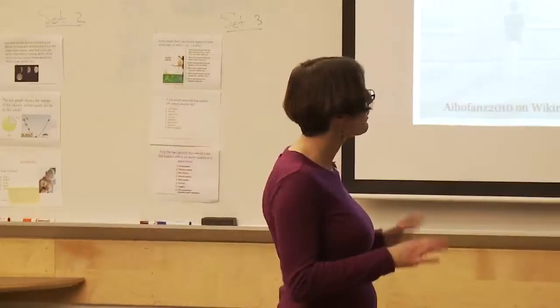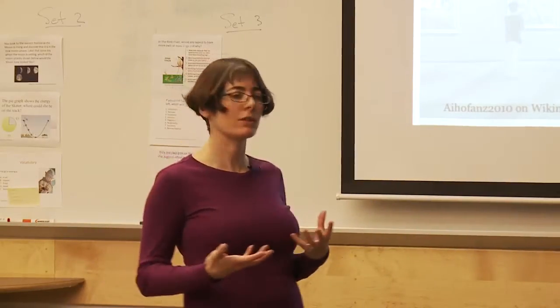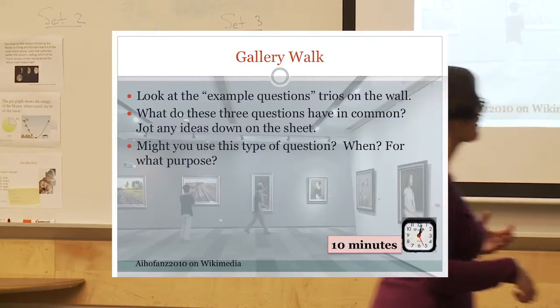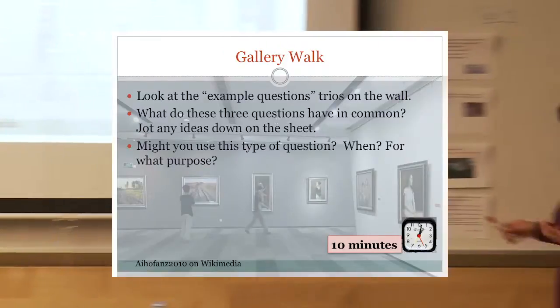I have a bunch of example question trios up here on the wall. We won't have time to do this completely, but I think this is a really useful exercise. There are pens next to them. What I want you to do is read the questions. You probably won't get to all of them, and just jot down next to them a couple of ideas on how you think that these are similar or what they're trying to get at.